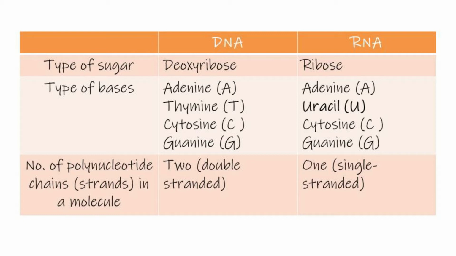As for types of bases, DNA has adenine, thymine, cytosine, and guanine, while RNA has adenine, uracil, cytosine, and guanine, in which uracil replaces thymine in DNA. And finally, for the number of polynucleotide chains in a molecule, DNA is double-stranded, while RNA is single-stranded.